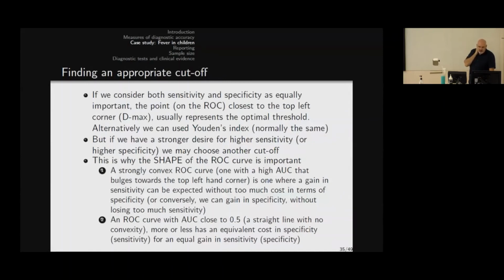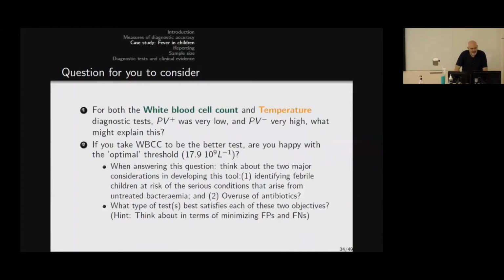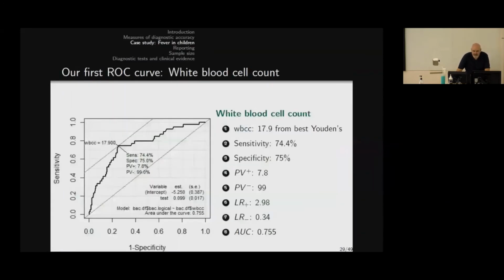So I should just also mention quickly that the shape of an ROC curve tells us straight away whether something is good. If we get this nice bulged convex shape, that's an informative ROC curve. But if we get a straight line like that, it's terrible. And you can see that with our two examples. This one was bulged and convex, which is good, okay?